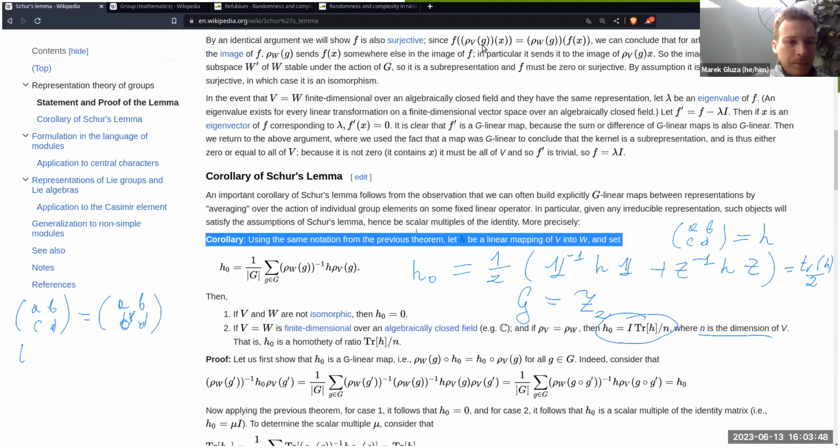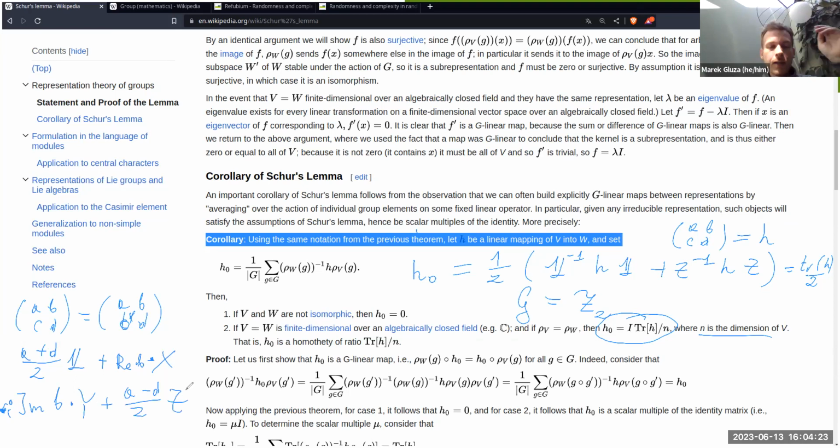So I will get (A plus D) divided by 2 identity, plus the real part of B times the X Pauli matrix, plus the imaginary part of B times Y, plus (A minus D) divided by 2, if I'm not mistaken, times Z. So I can decompose this.